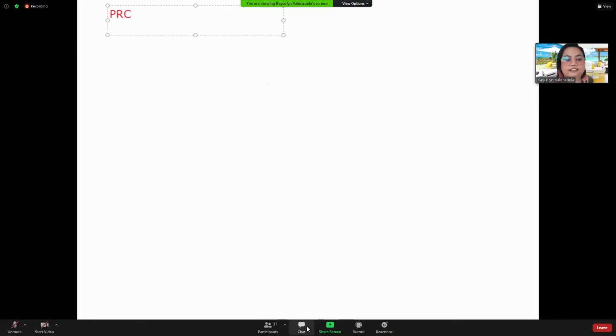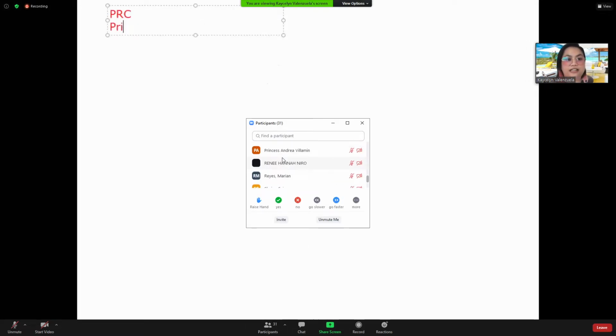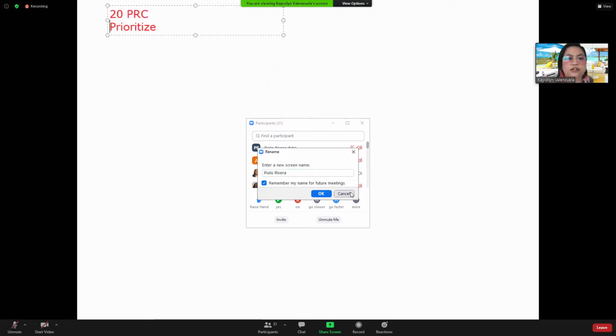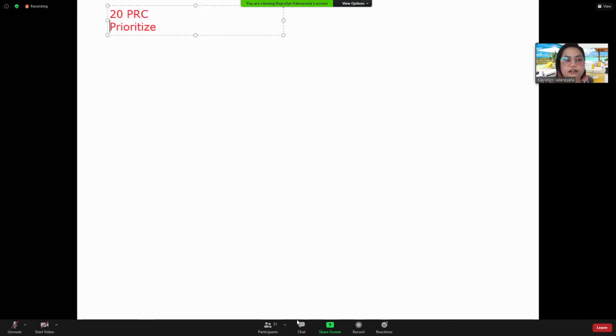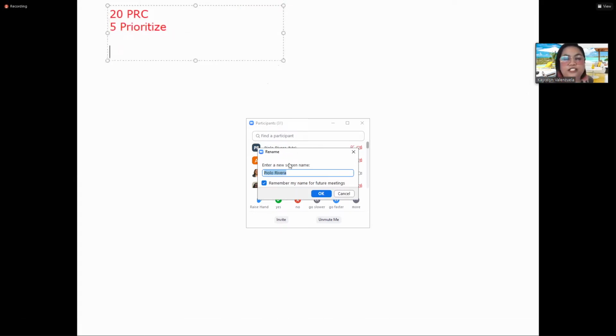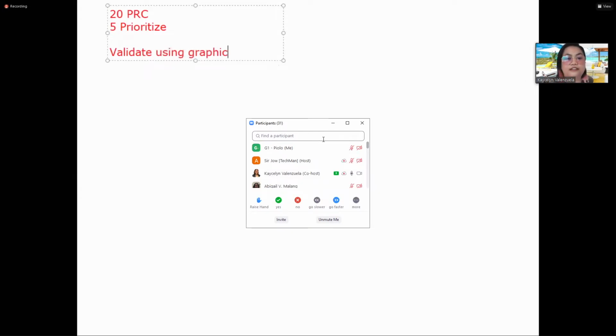At na-prioritize ko na. Na-prioritize ko na kung alin yung PRC. So, kung example, at the start, I have 20 PRC. Ang na-identify ko lang na priority is 5. Okay? Now, yung 5 na yon, kailangan, anong next nyo kailangan gawin? You need to validate. To validate using graphical tools.